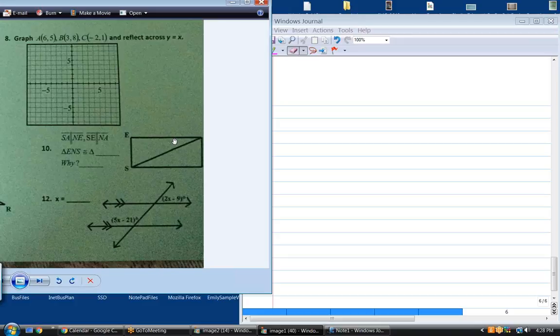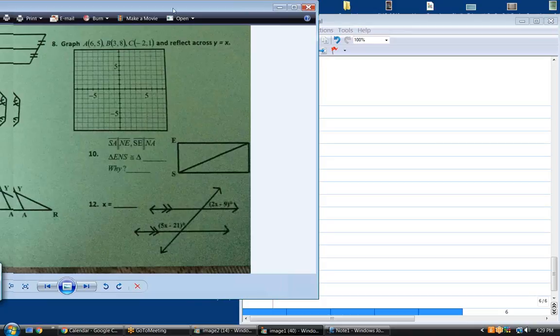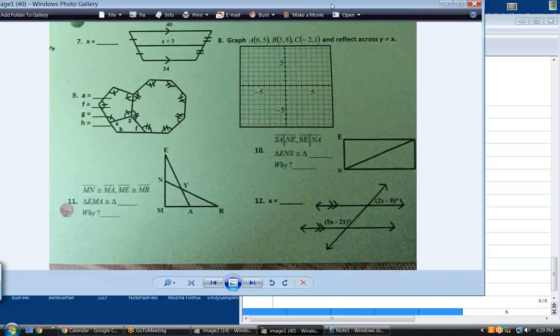Because they're alternate interior angles of two parallel lines. In other words, the theorem is the alternate interior angles of parallel lines. Notice we do not know that's a rectangle. Nowhere did they tell us that's a 90-degree angle.